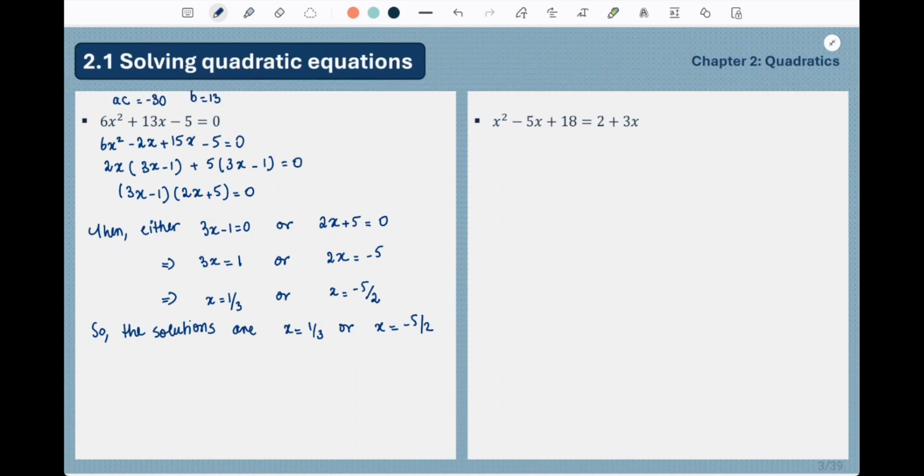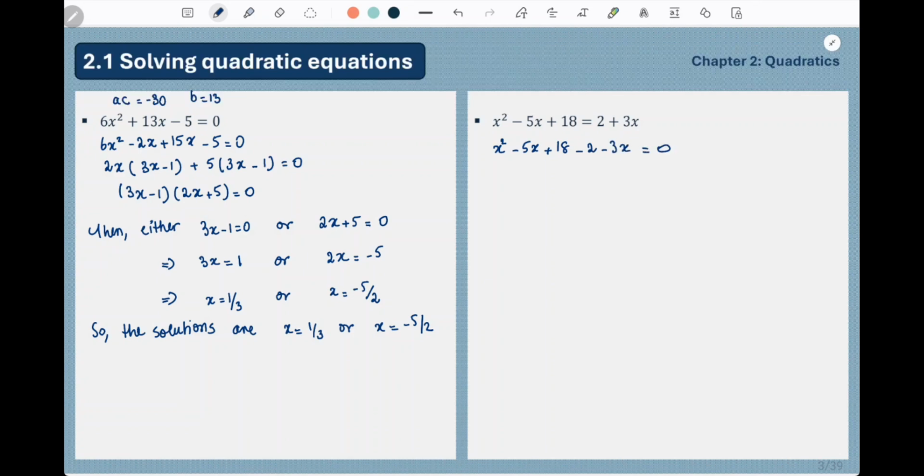So I'm gonna move everything from the right-hand side to the left-hand side, and I'm gonna get x squared minus 5x. I'm just writing things as they are, and minus 2 minus 3x, okay, equal to 0.